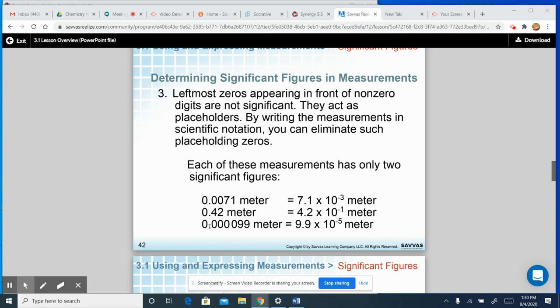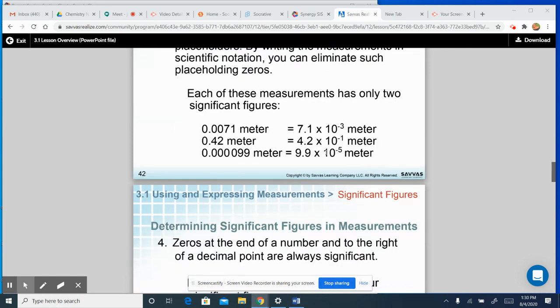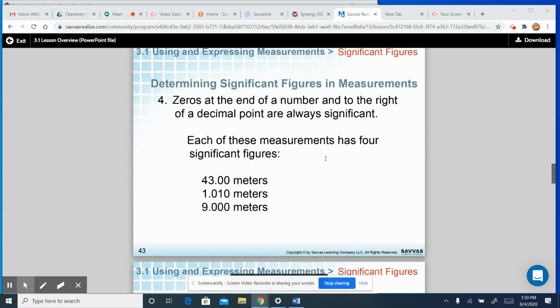We could move this decimal 1, 2, 3, 4, 5 places to the right, and that would eliminate all these zeros, and we could write it as 9.9 times 10 to the negative 5, and we would only have, again, 2 significant figures. In the same manner, if we have a number and we've got a decimal point, all these zeros are significant.